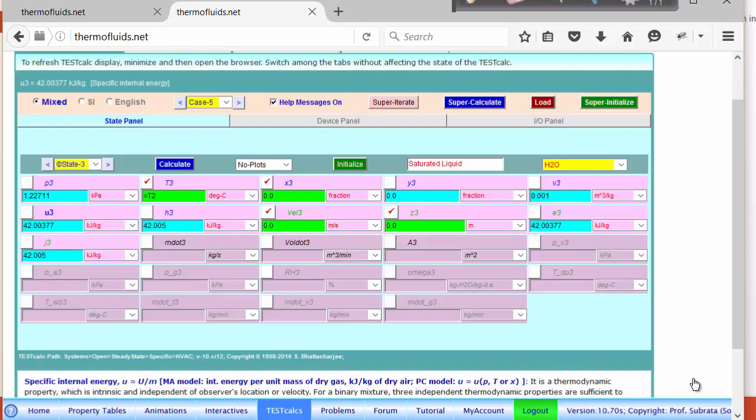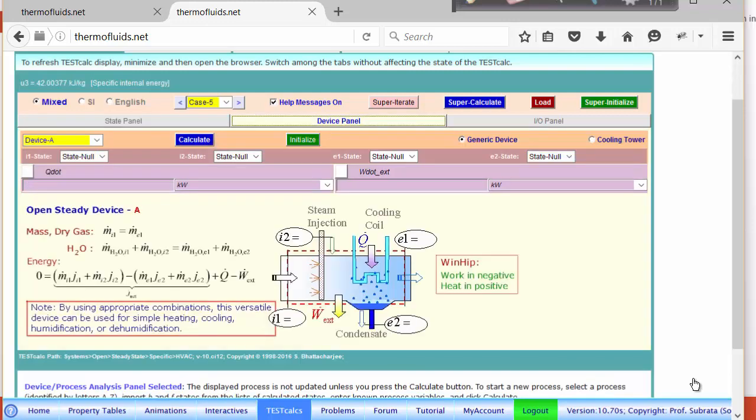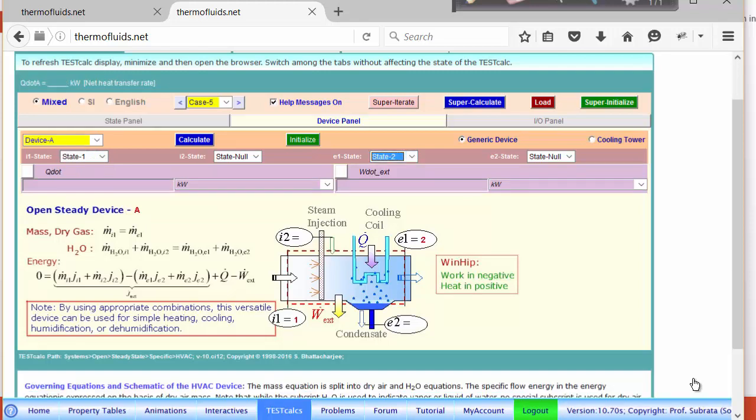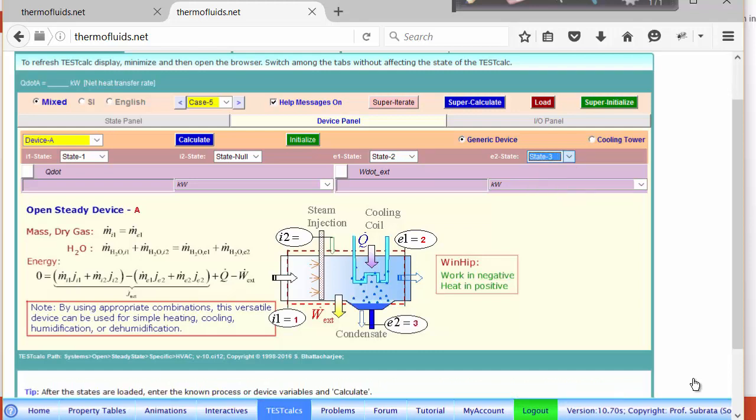So all the enthalpies have been verified through this TESTcalc. We can go to the device panel, load state 1 as our inlet, state 2 as our exit. Notice you have to make sure the diagram matches. State 1 is here, state 2 is there, and state 3 must be E2. So you have to select these states carefully.